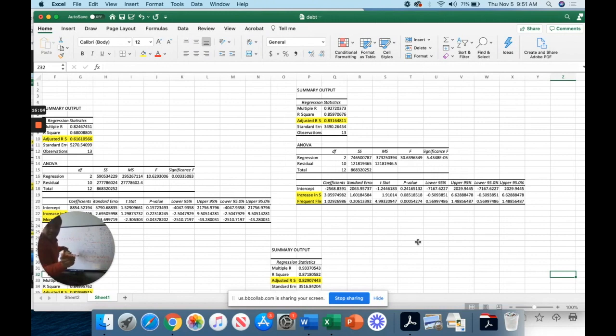For x1, x3, the model looks like this: y equals 3.06 x1 plus 1.02 x3 minus 2568. These values I'm getting from the bottom. So adjusted R squared is up top, and the bottom just gives you the slopes that go along with that particular model.